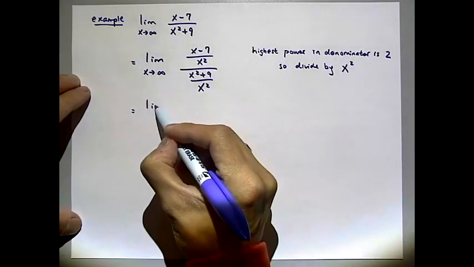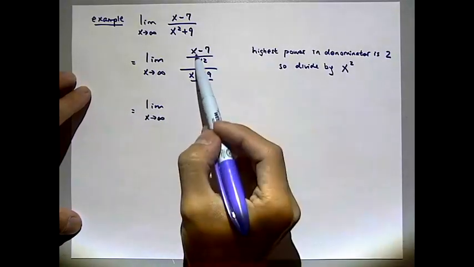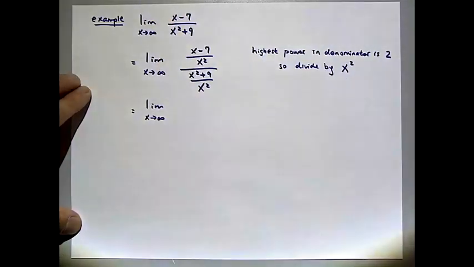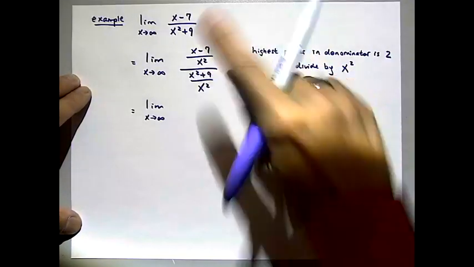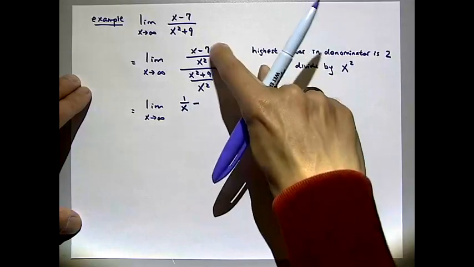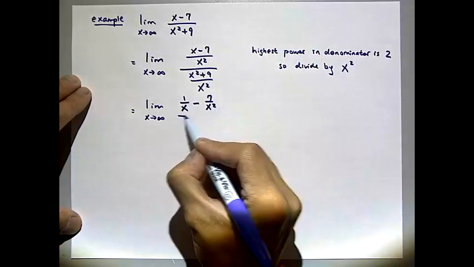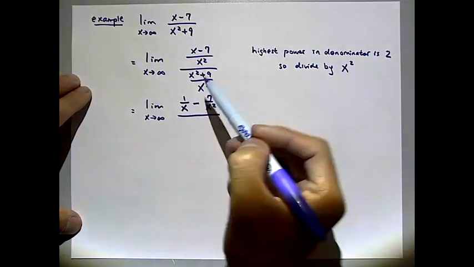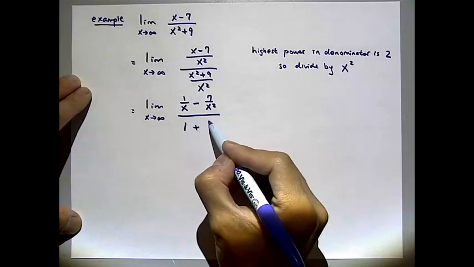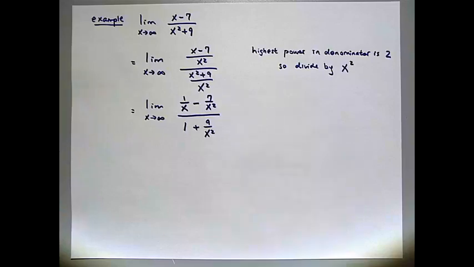Okay, so what do we see? We see limit x goes to infinity. Same thing as before. Things added and subtracted to each other, divided by the common thing. So divide things one at a time. X over x squared is 1 over x minus 7 over x squared. Downstairs, x squared over x squared, that's a 1, plus 9 over x squared.